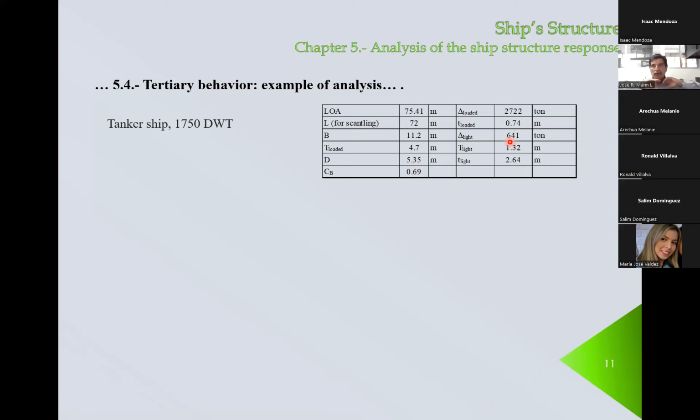There's no loading, no cargo, no fresh water, no fuel, no people. Steel and machinery. That's the light condition. In this case, you see that there is a 641. This is the draft 132, and this is a trim in that condition.